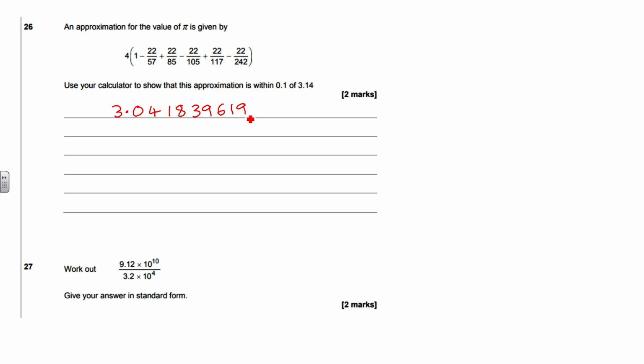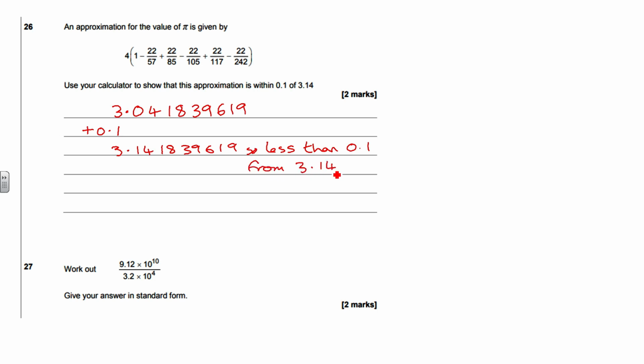And then if we add 0.1, we get 3.1418399619, which is, yeah, so less than 0.1, so less than 0.1 from 3.14.